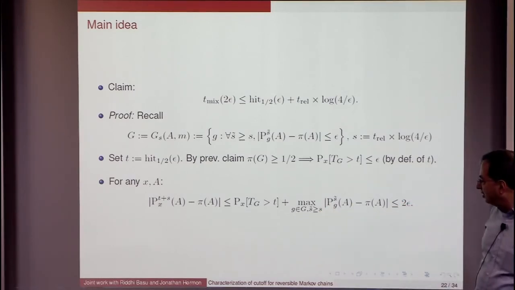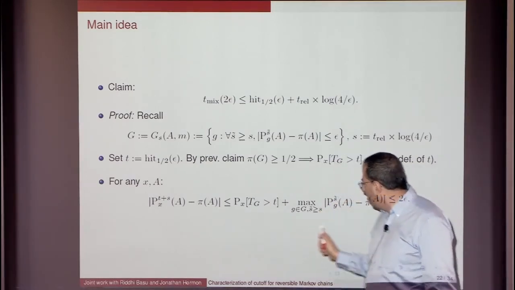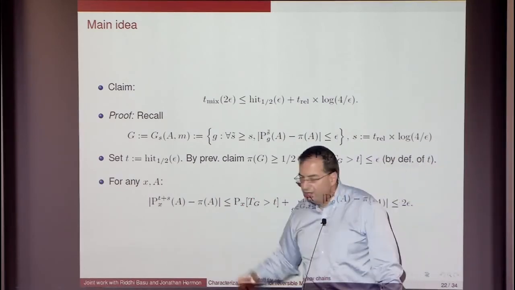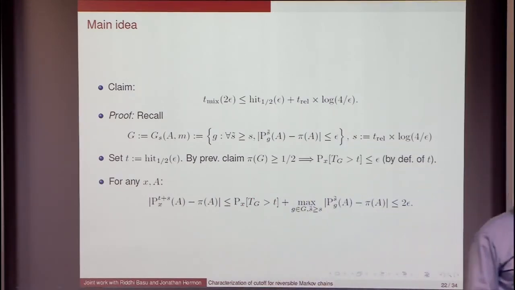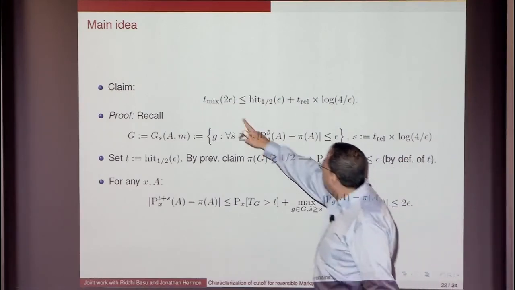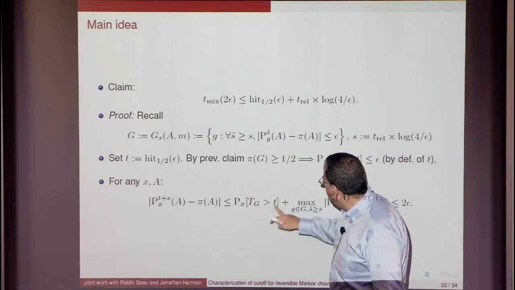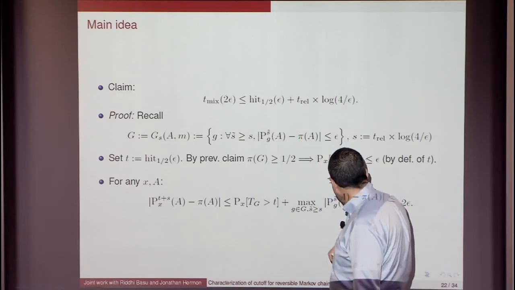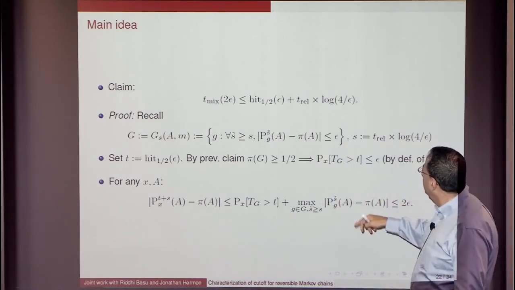So that's it. This is bounded by epsilon, this is bounded by epsilon, so this total is bounded by 2 epsilon, and this was true for any initial point x and any target set A. So maximizing over these, I just control T mix of 2 epsilon, and we have this term here, and this term was here.